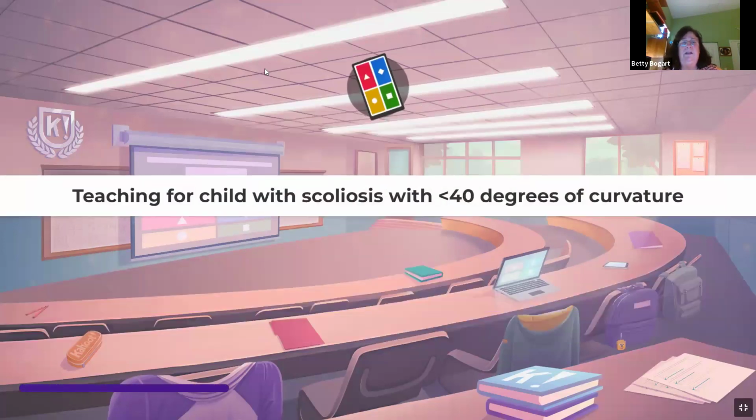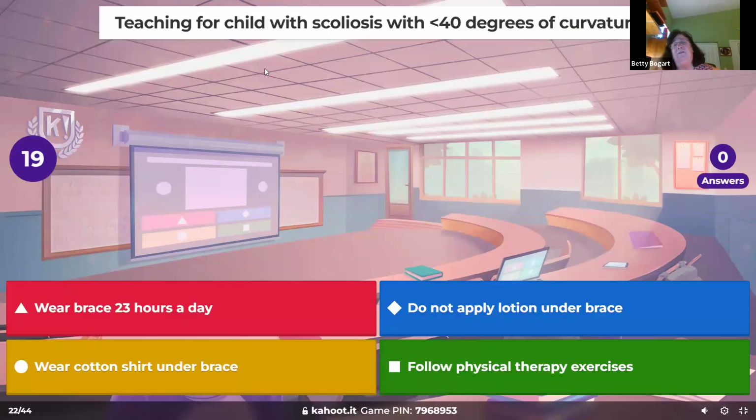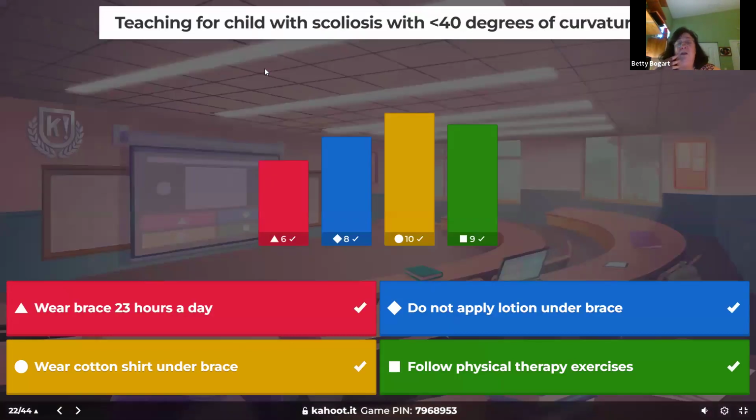Multi. Teaching for a child with scoliosis with less than 45 degrees of curvature. And it's all the above.